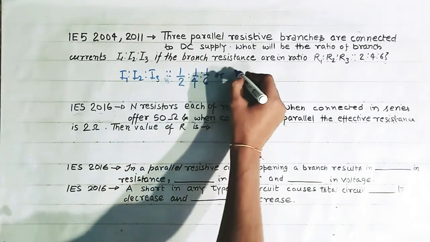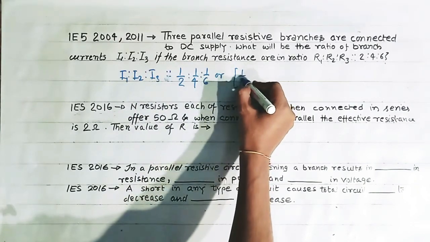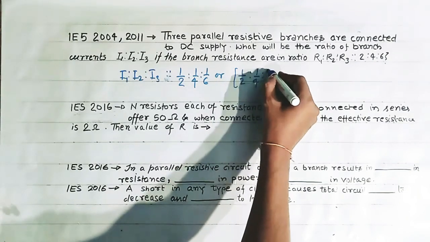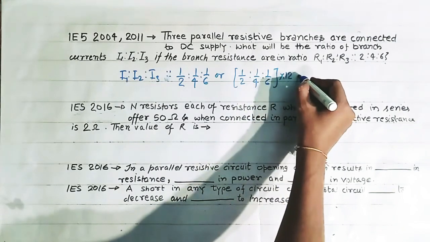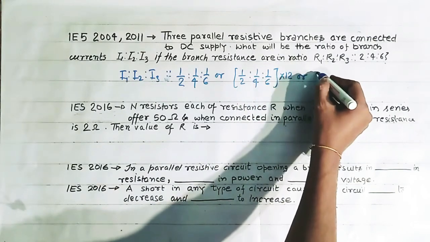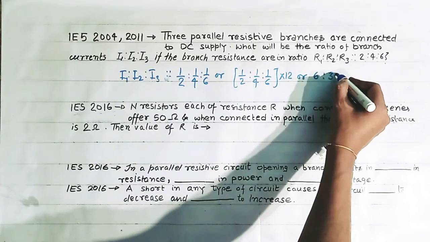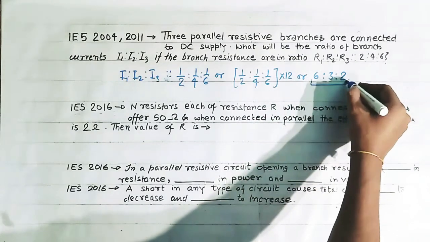Or we can say that the currents are in ratio, if we multiply all these three by 12, then we get 6 ratio 3 ratio 2. So this is the ratio of currents.